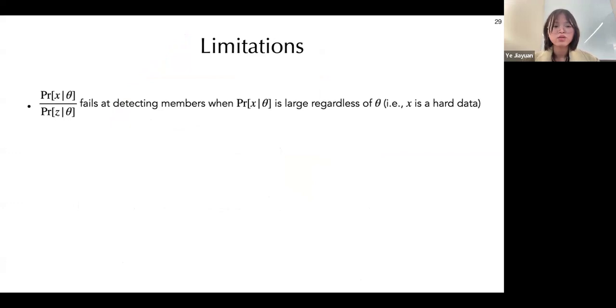In the first one, we are comparing the target data X with population data Z, given the same fixed target model theta. And this attack fails at detecting members when P of X given theta is small regardless of membership, that is, when X is a hard data point.